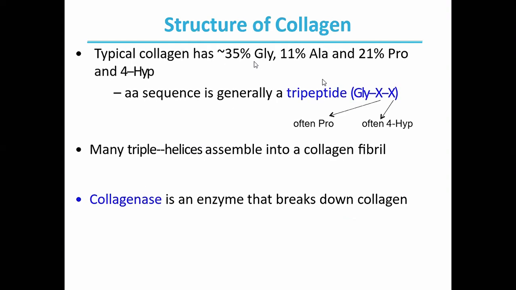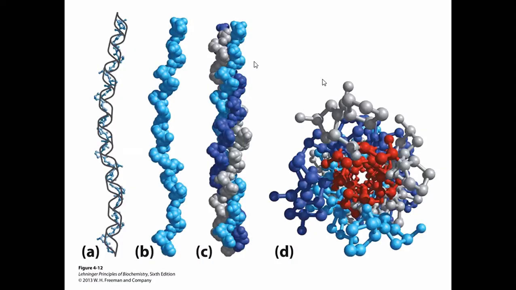Typical collagen has around 35% glycine, 11% alanine, and 21% proline. The amino acid sequence is generally a tripeptide, glycine-X-X. There is an enzyme that can break down collagen. It's called collagenase. So this is collagen.